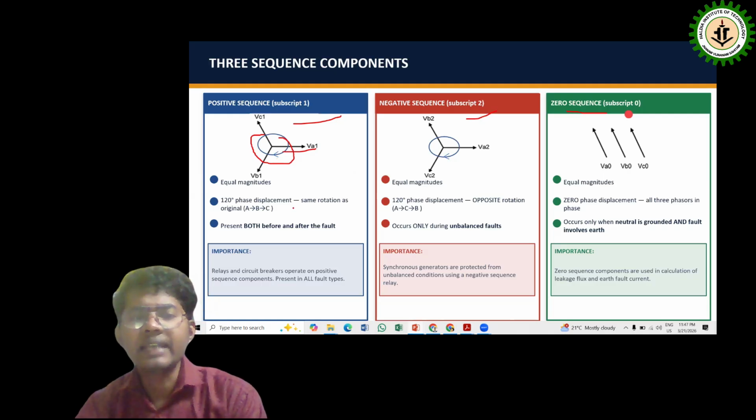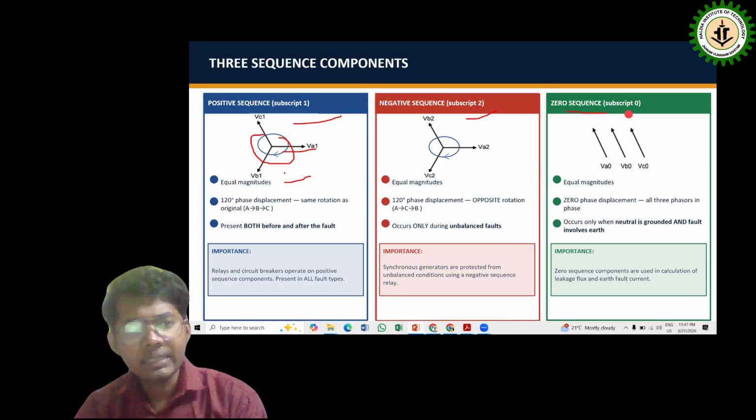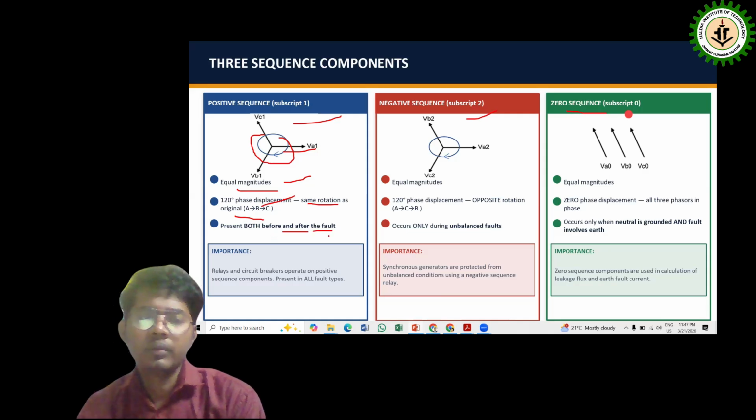I mean, whatever the phase sequence of the unbalanced phasor, the same phase sequence applies for the positive sequence also. Magnitudes are all equal, all phasors are 120 degrees phase apart, with the same rotation as the original phasor, same rotation ABC, and this positive sequence is present both before and after fault.